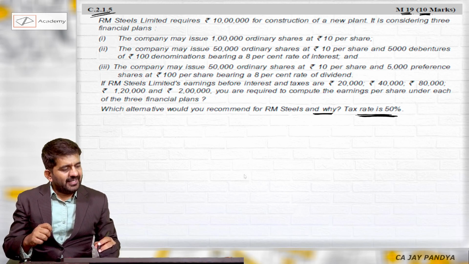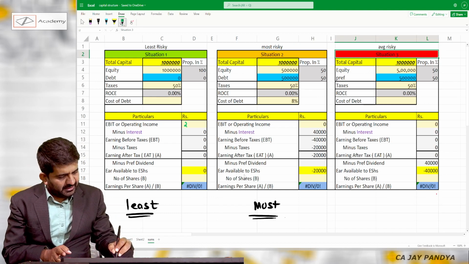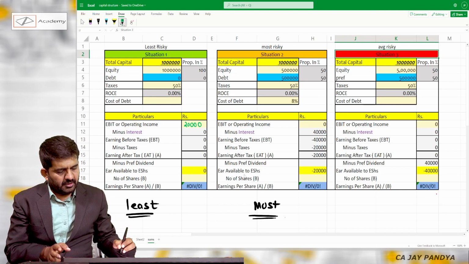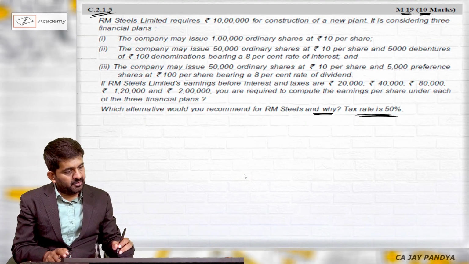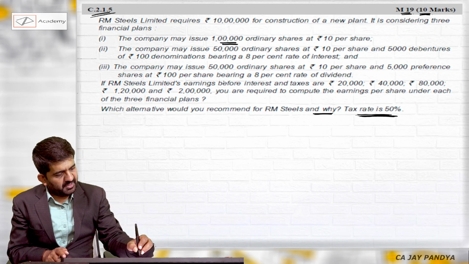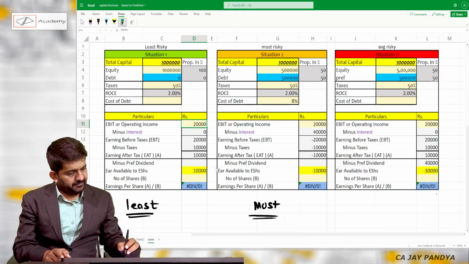If EBIT is 20,000, what will happen? Let me write down EBIT as 20,000. In the first case, I have to find the number of shares. The number of shares will be 1 lakh in the first case, and 50,000 and 50,000 in the second and third case respectively.